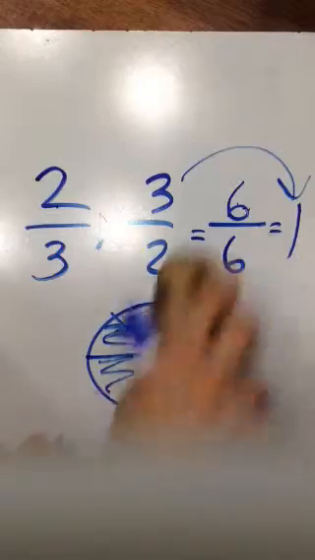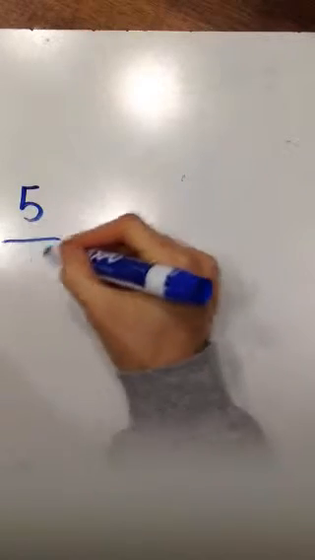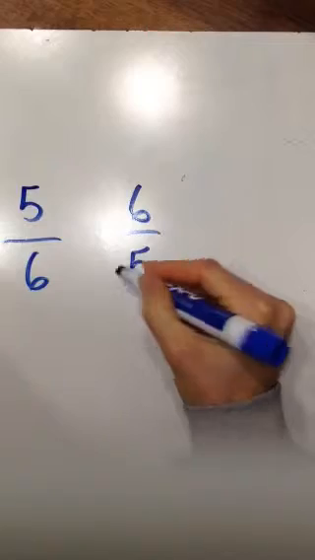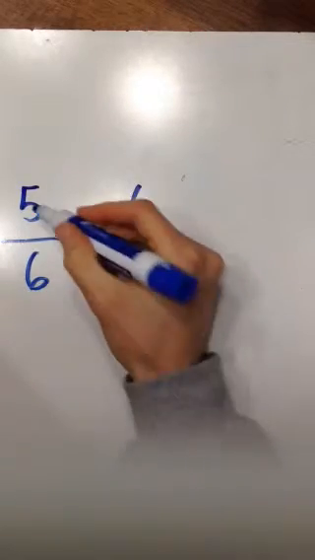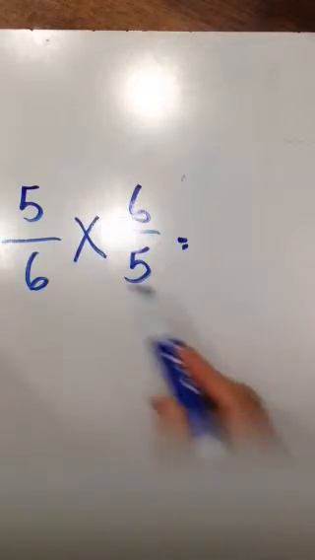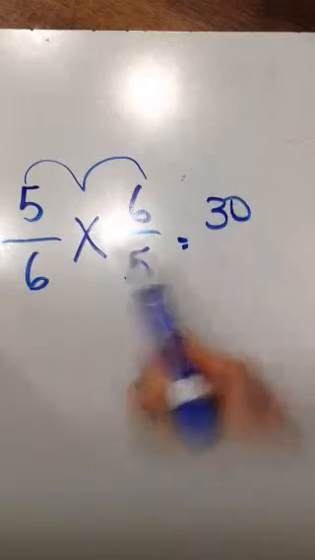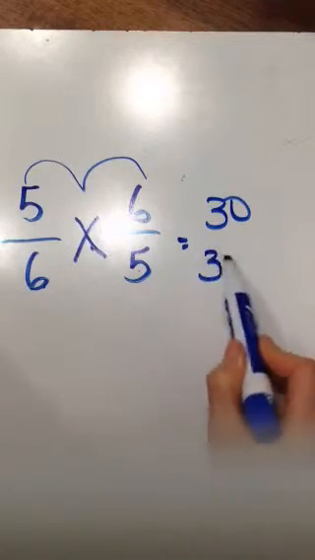Let me show you another example so you'll see what I'm talking about. A while ago we did 5/6, and its reciprocal would be 6/5, okay? And if I multiply a fraction by its reciprocal, guess what's going to happen? Well, 5 times 6 is 30, and 6 times 5 is 30.